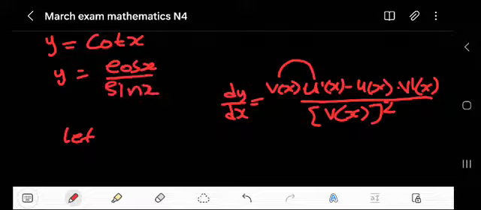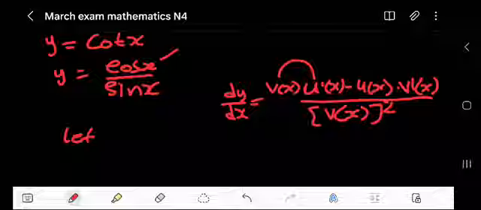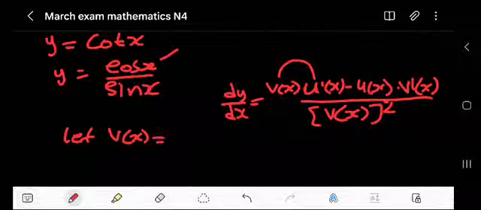So we have two things there. This is a fraction anyway, so I can let v of x be equal to what? We'll just let it be equal to sine.